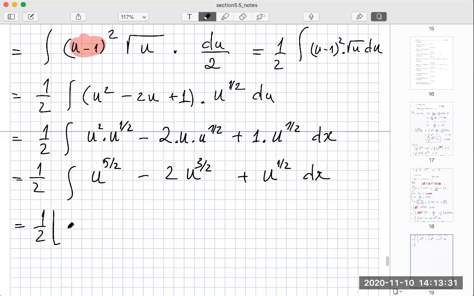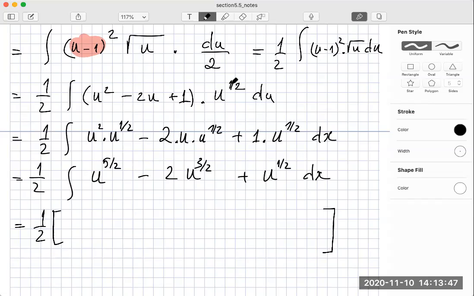Remember, we need to compute the antiderivative of these things. So use the parentheses. If you don't use the parentheses, you may make a mistake. So we need to compute each of them here. What is the antiderivative of u to the 5/2?